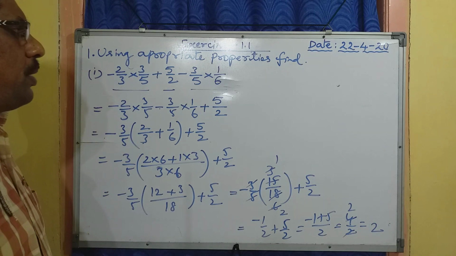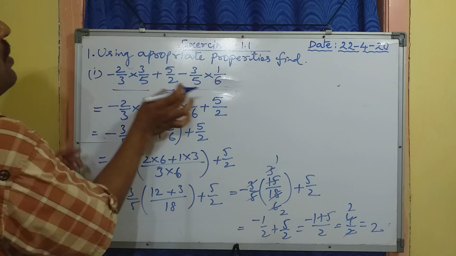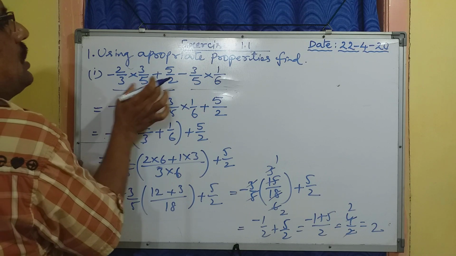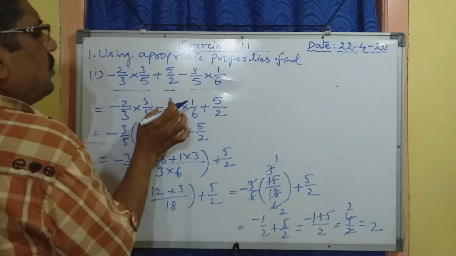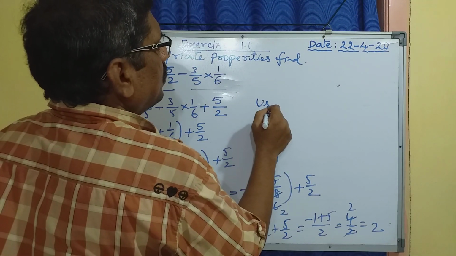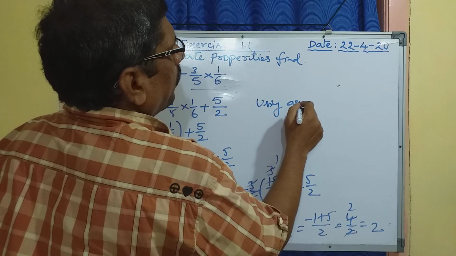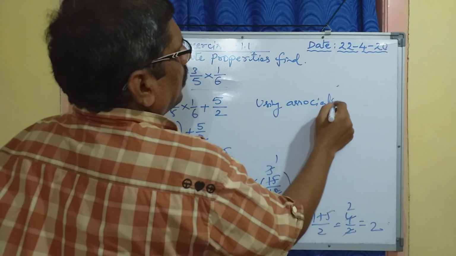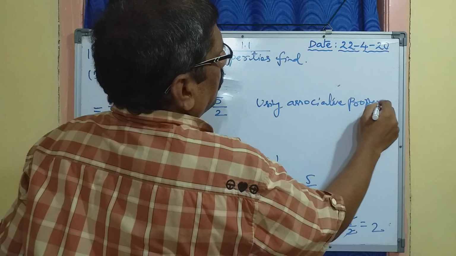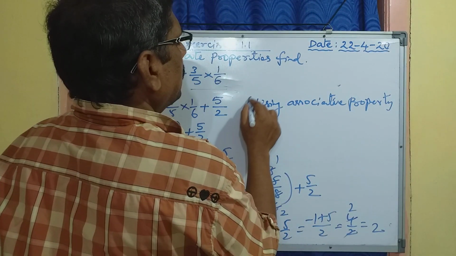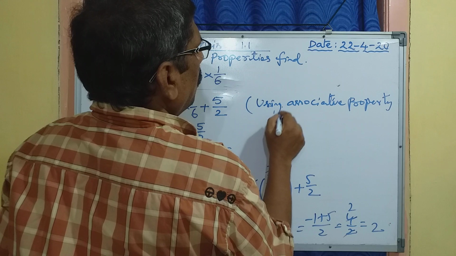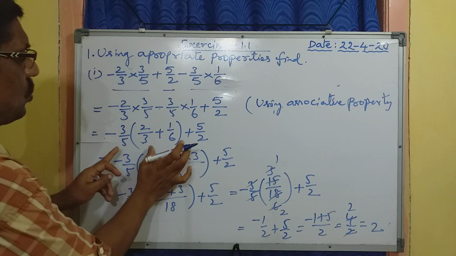What are those two properties? See, in this we have interchanged the first, second and third terms. In that we have used associative property. And what is the property which we have used in this step?